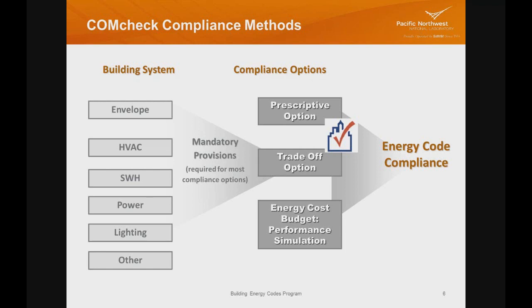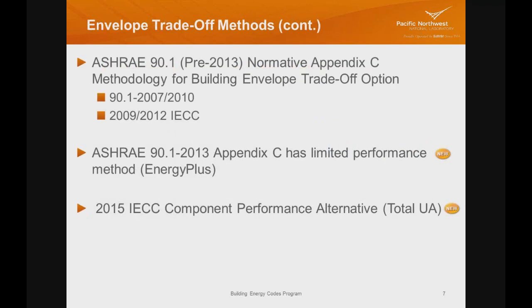There is a prescriptive determination in COMcheck for alterations projects, and I'll address that in subsequent slides. But please realize that the energy codes give you more options than what COMcheck supports, but we think most of the user community will be interested in the trade-off methodology. When I say or speak to the trade-off methodology, I'm really speaking to just the envelope trade-off method.